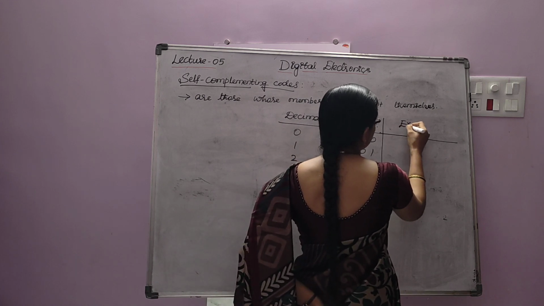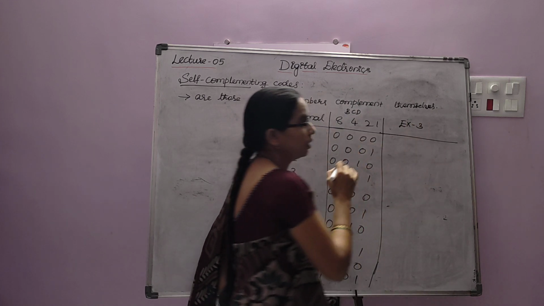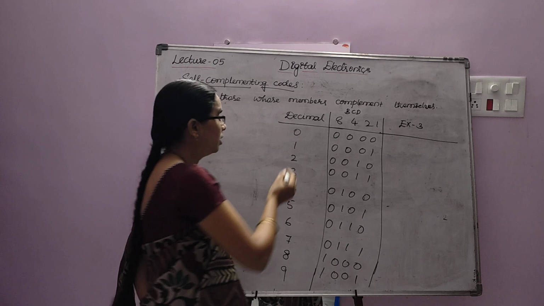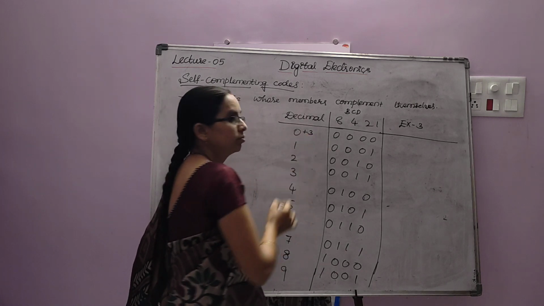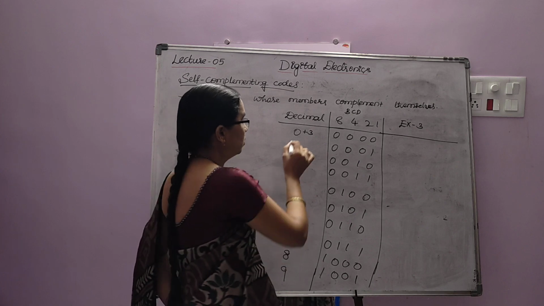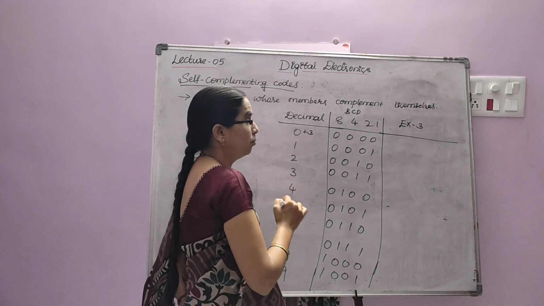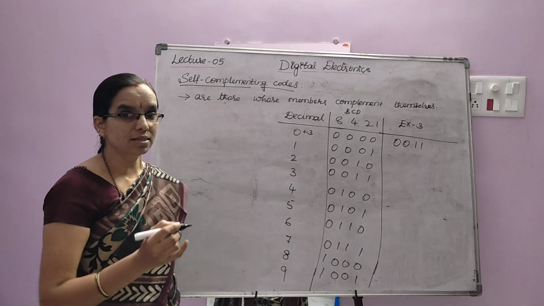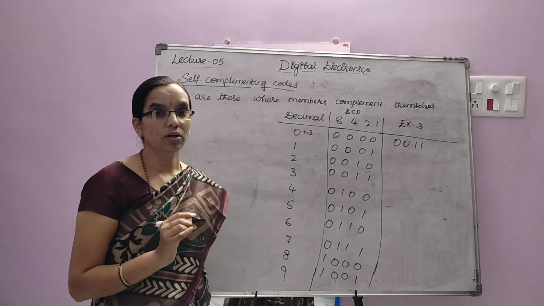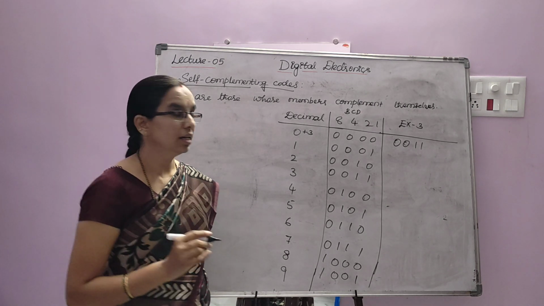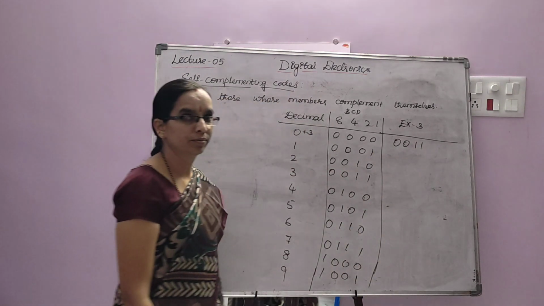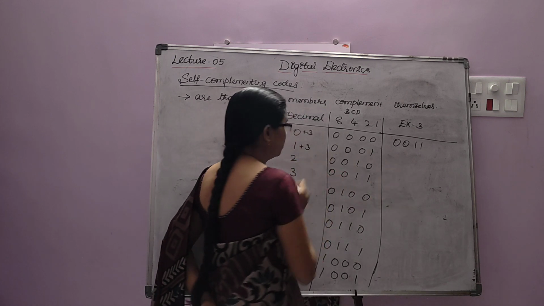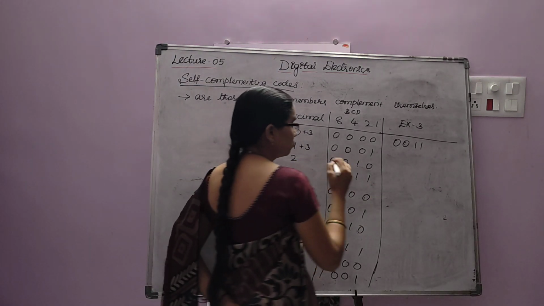And in XS3 we should add 0011 to each code word, or add plus 3 to this and write the code. 0 plus 3 is 3. Binary equivalent of 3 is 0011. So the decimal 0 can be represented using excess-3, that is 0011. Next, for 1 it is plus 3. 1 plus 3 is 4.